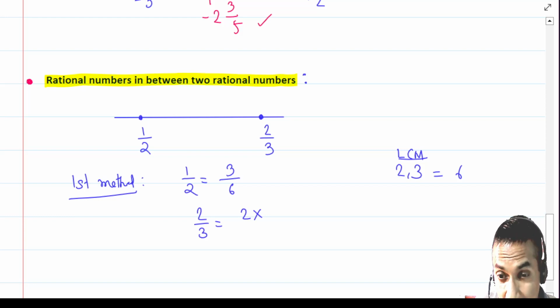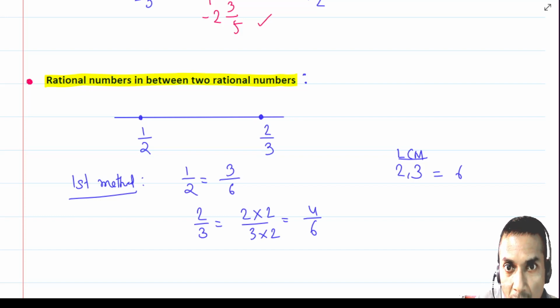And for 2 by 3, to get 6 you multiply the denominator by 2, and the numerator also by 2, and you get 4 by 6. Now you get the two values, 3 by 6 and 4 by 6.